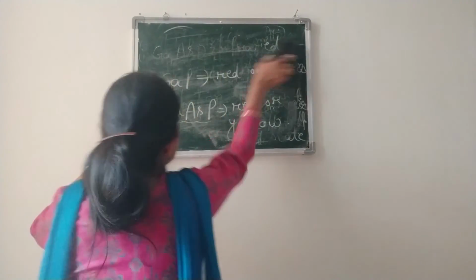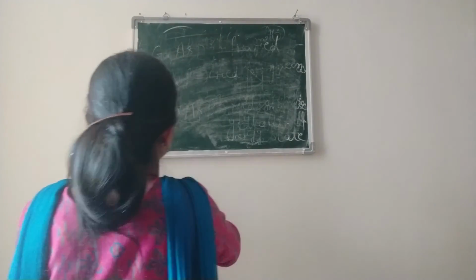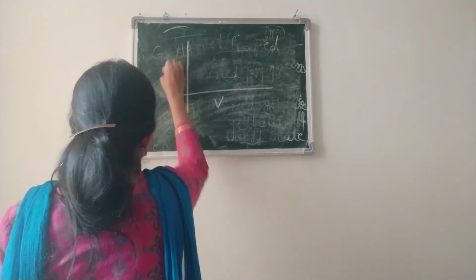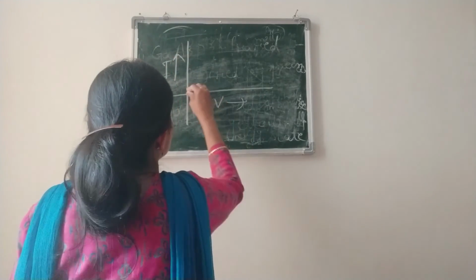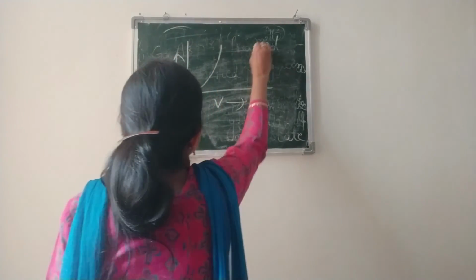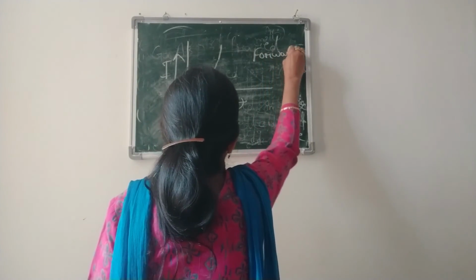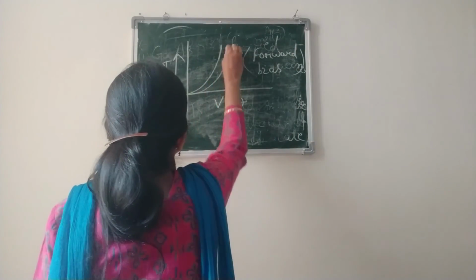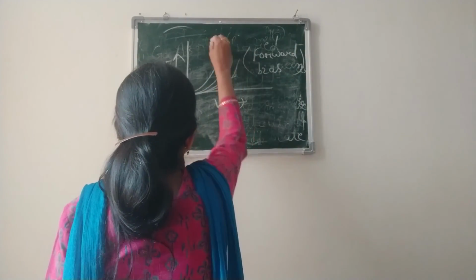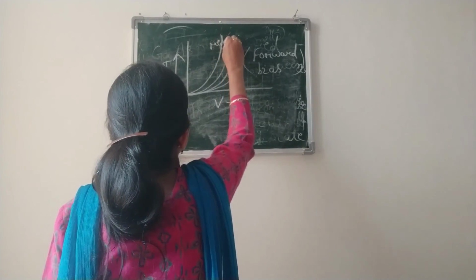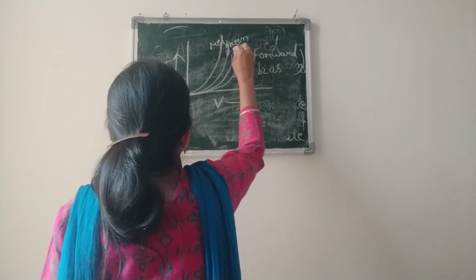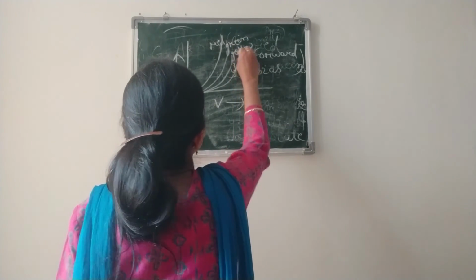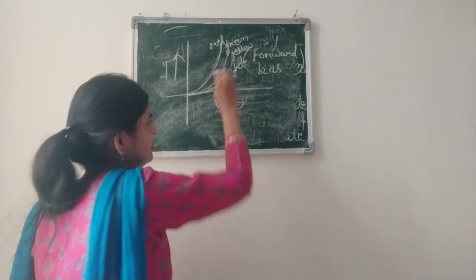Now, if we want to study the characteristic curve of the LED, what will be its nature? We know the LED works in forward biasing. Maybe this is your red, green, yellow, white, etc. But the nature of the graph will be like this.